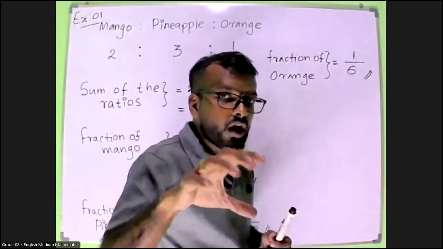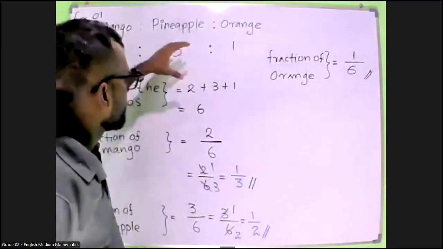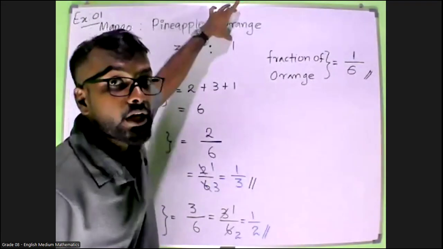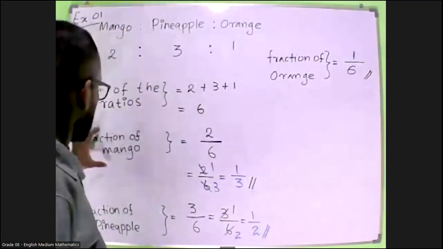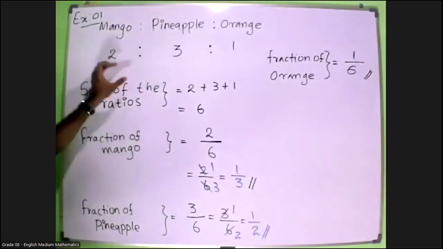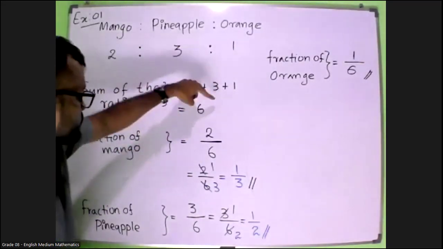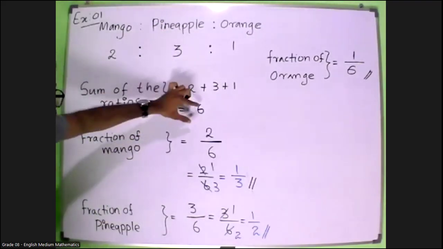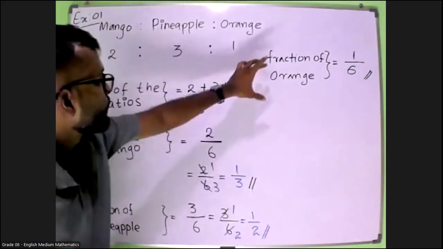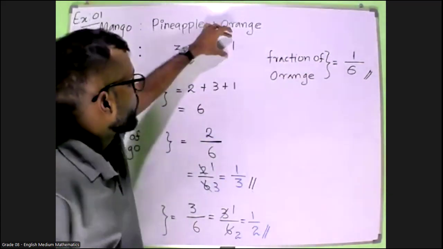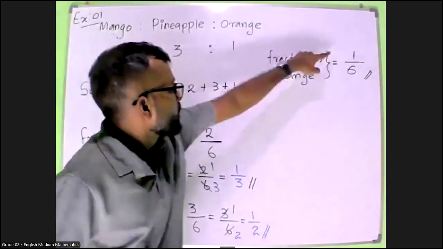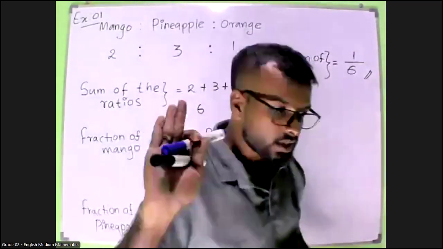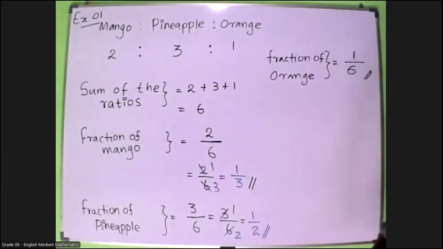So this is how we are going to obtain the fraction of each of mango, pineapple, and orange in that mixture. Fraction of mango 2 upon 6, total mixture. Fraction of pineapple 3 upon 6, pineapple 3, total mixture 6. Fraction of orange, orange parts 1 and total mixture 6, 1 upon 6. Please write this and let me know.